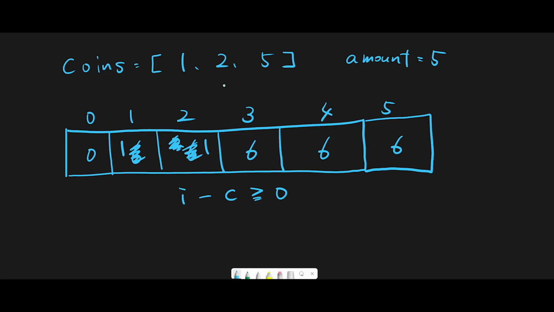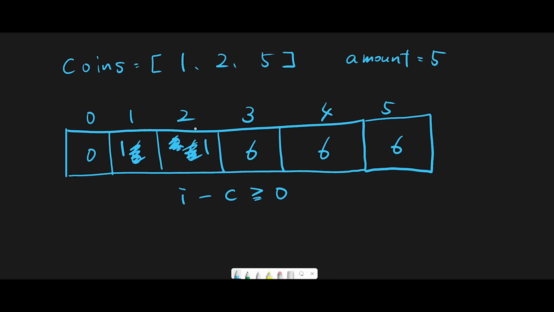And we do the same thing. First of all, we use coin 1. In this case, the current amount 3 minus the current value of coin, which is 1, is 2, right? So we meet this condition and we can update the array. The current minimum is 6. If we use coin 1 this time, we should have amount 2, right? 3 minus 1, so look at index 2.